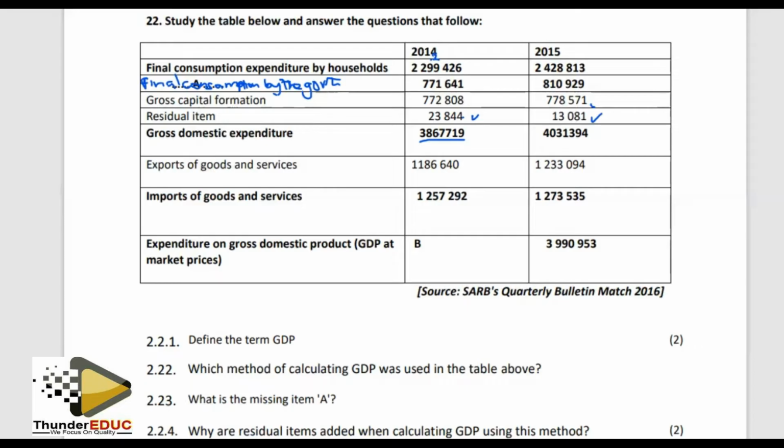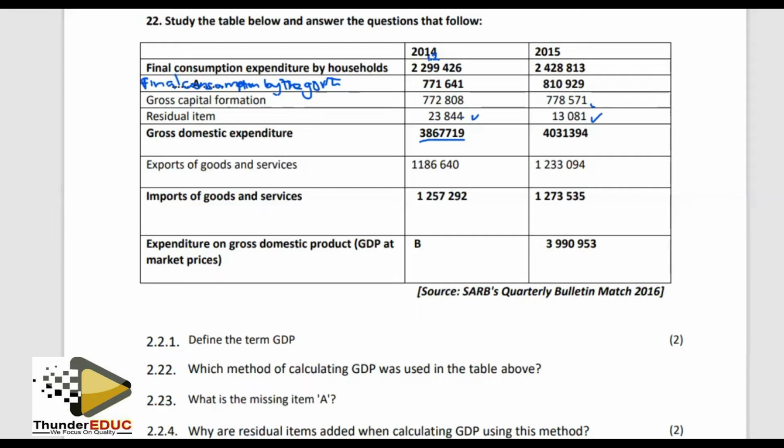So we write 7 here and go with 1 here. We go with 1 plus 9, that's 10 plus 7, that's 17 plus 7, that's 24. 24 plus 2 is 26. We write 6 here. This is how we got gross domestic product.